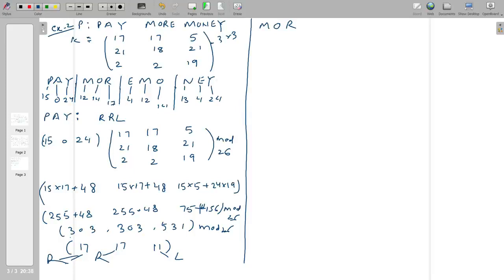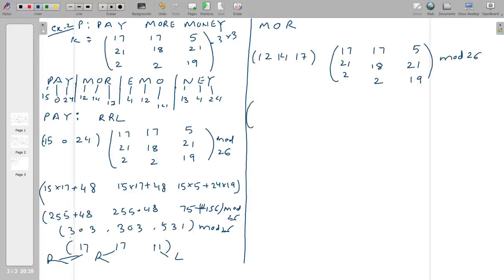The plain text matrix for MOR is 12, 14, 17. Then the same key we are going to write, which is 17, 17, 5, 21, 18, 21, 2, 2, 19, and it is going to be a mod 26 operation.